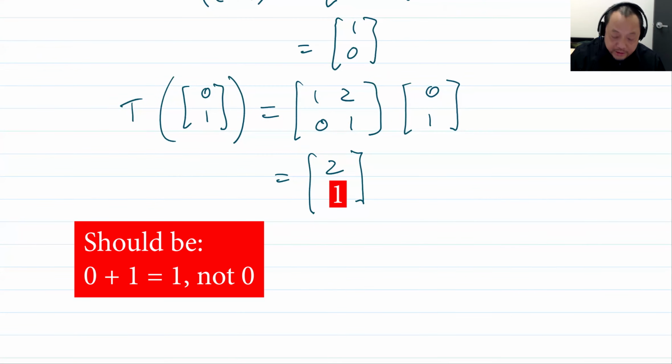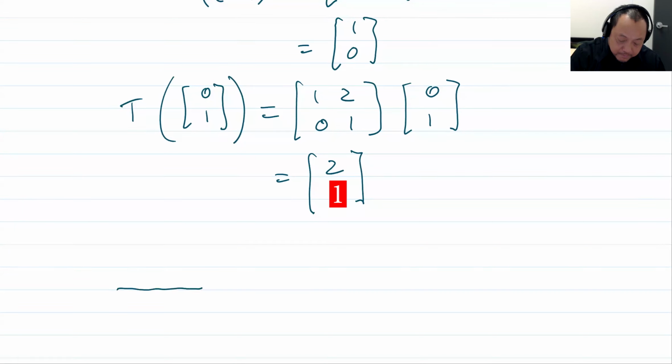Now let me show you what to do with this information. In the original xy space, I have the unit vector along the x-axis and the unit vector along the y-axis, and it makes for this little square.